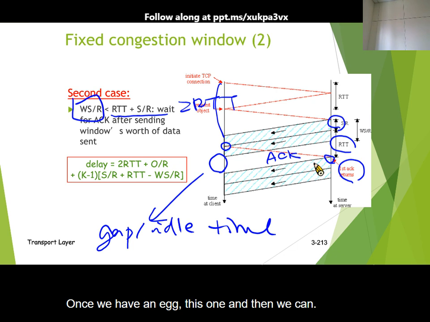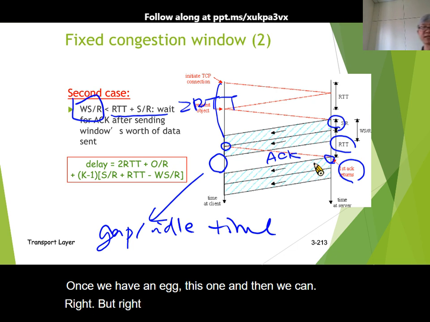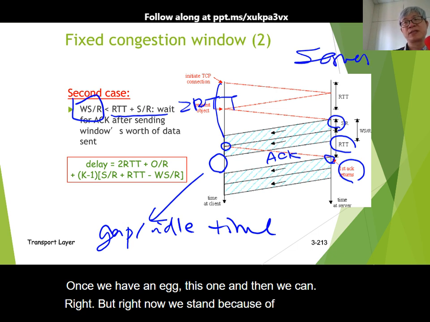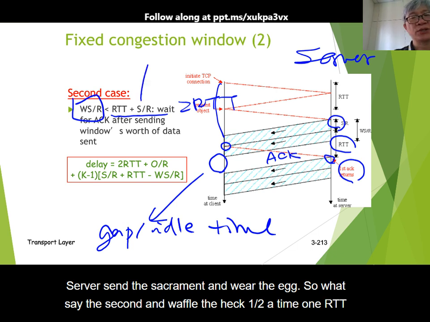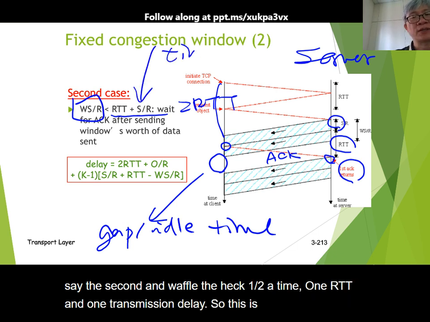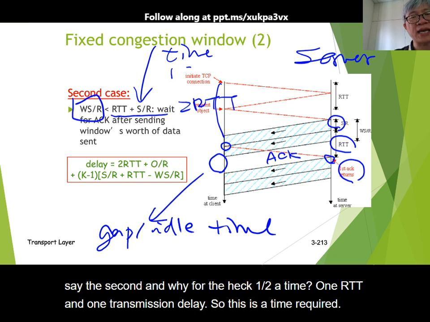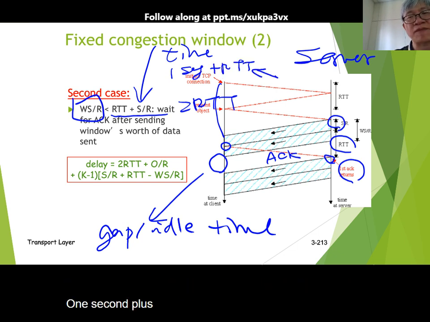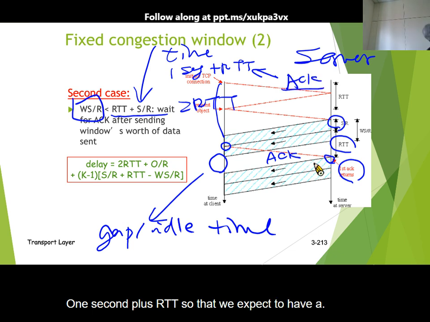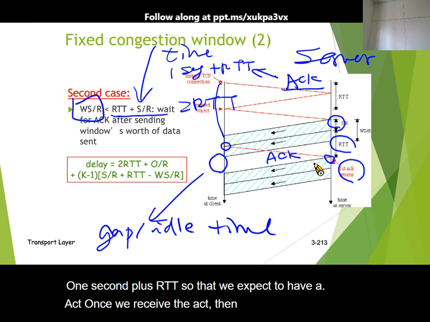The server sends the segment and waits for the ACK. The time required is 1 RTT and 1 transmission delay: 1 segment plus RTT, so that we expect to have the ACK. Once we receive the ACK, then we can send the next segment.